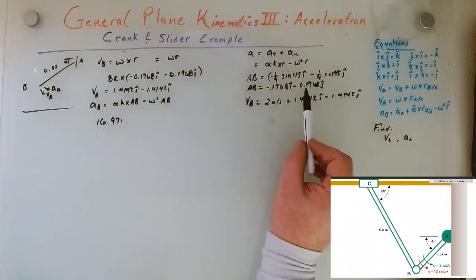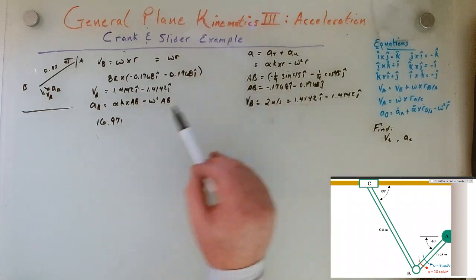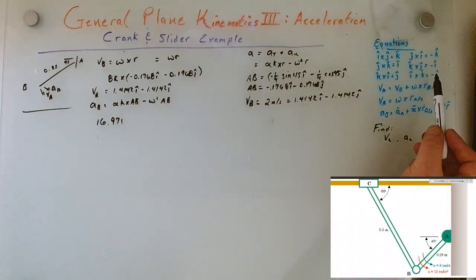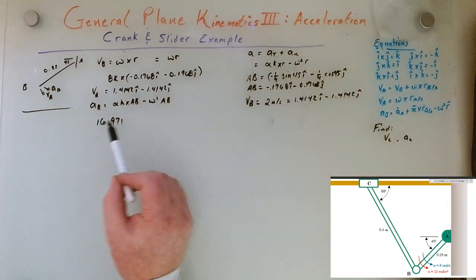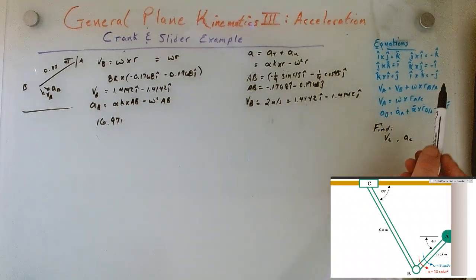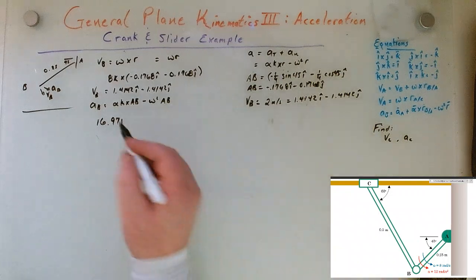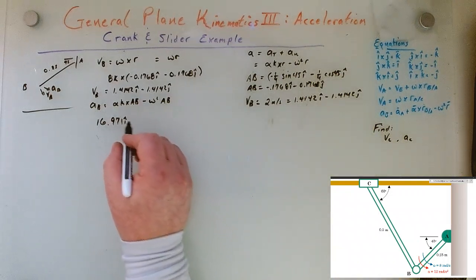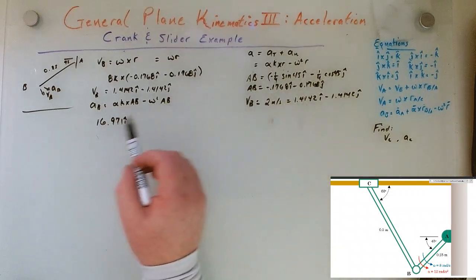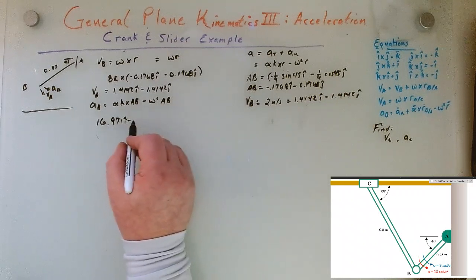So this is AB, they're both negative, so k cross j is negative, so positive times a negative is a positive, so that's i, and then minus 16.971 j.